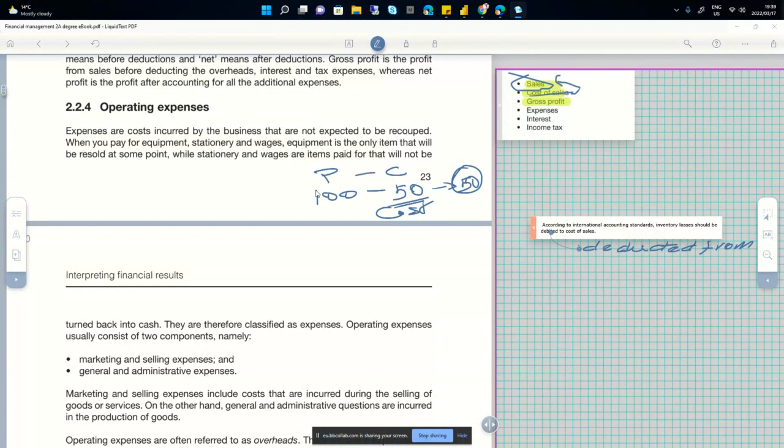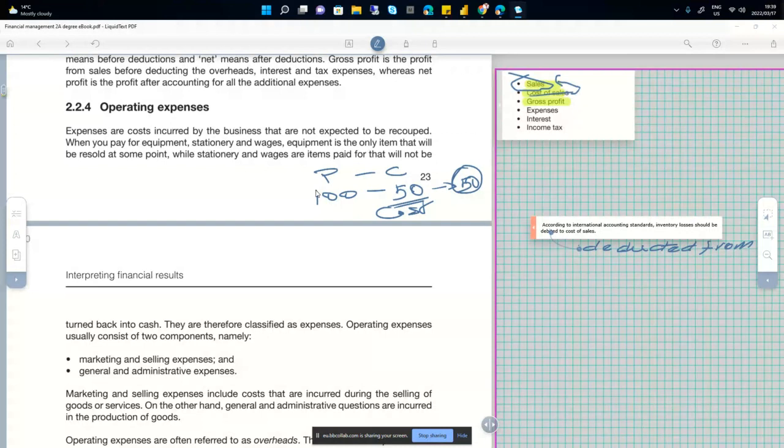Price minus cost, and so we have this markup that we added in order for us to generate a certain profit. That's quite easy to understand. But there are also other expenses involved. Let's say we are in a particular building, we are renting a particular room in order for us to sell those items. And so the rental for that building will be an expense that we're going to be incurring.